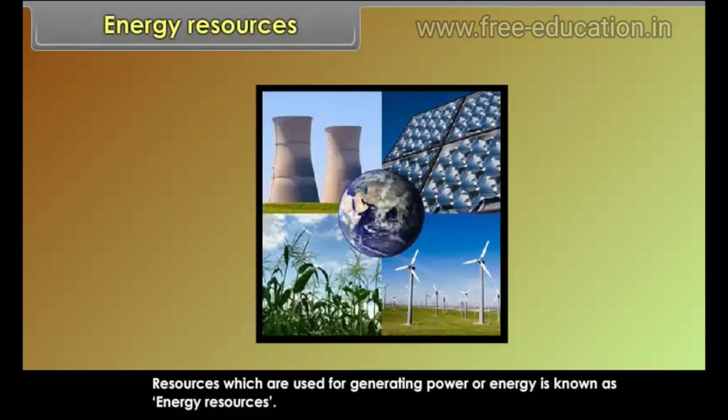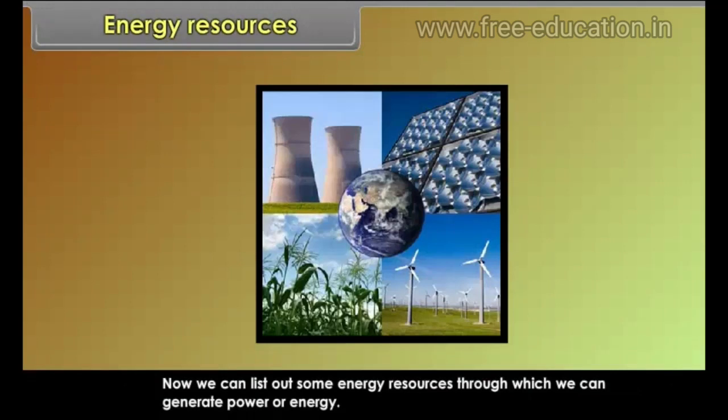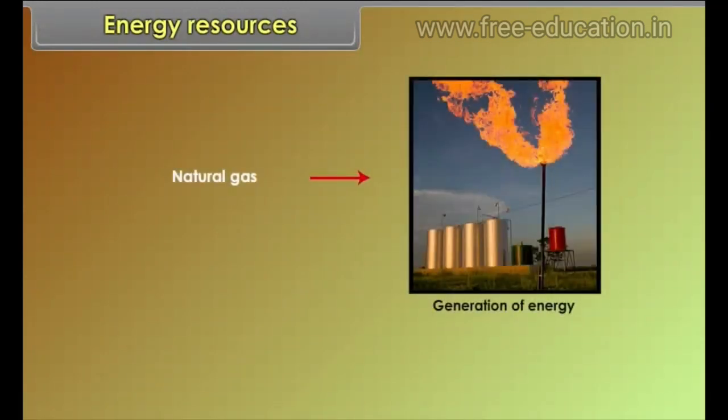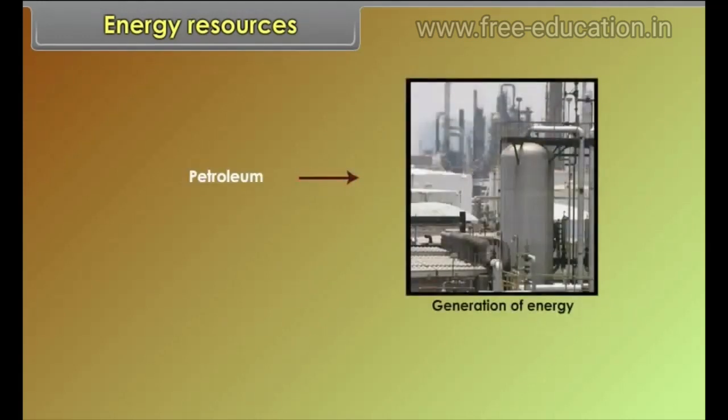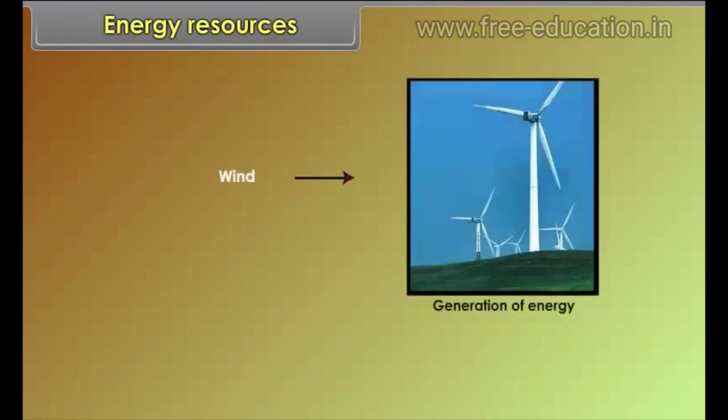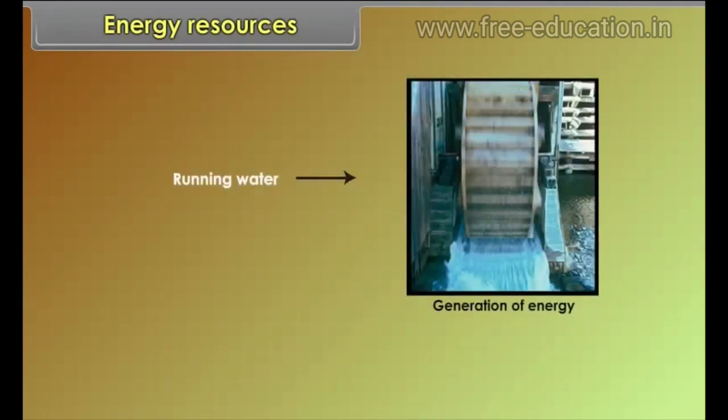Resources which are used for generating power or energy are known as energy resources. Now, we can list out some energy resources through which we can generate power or energy. Coal, natural gas, petroleum, nuclear fuel, wind, running water.